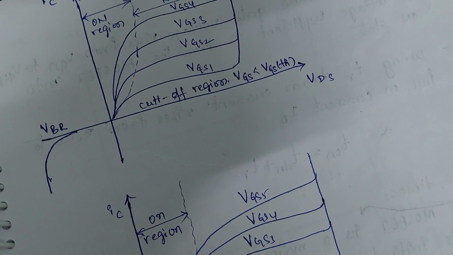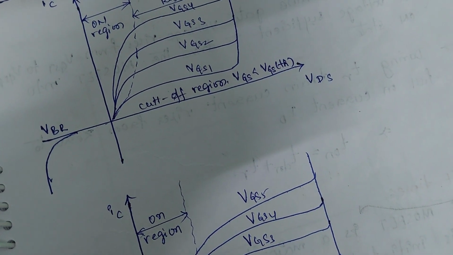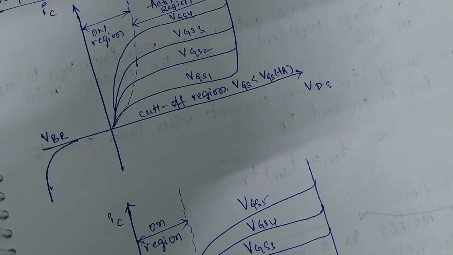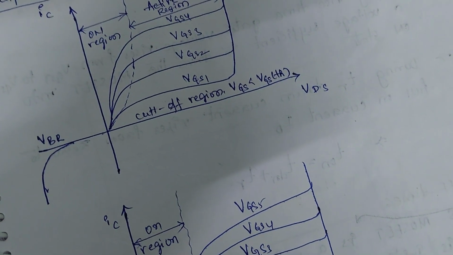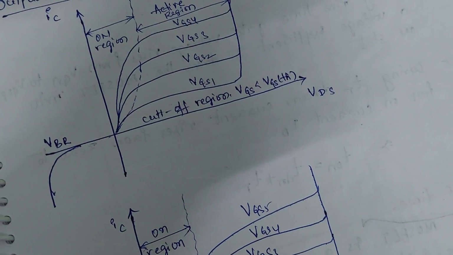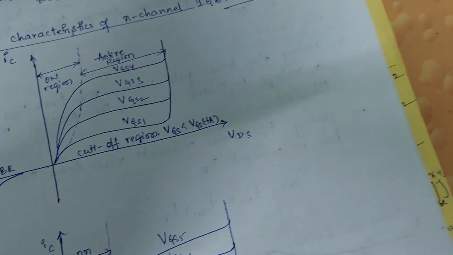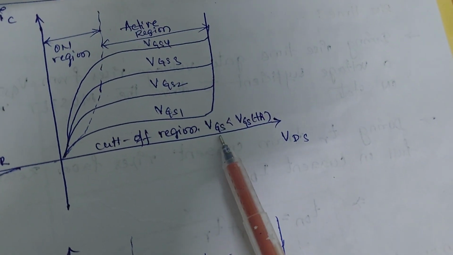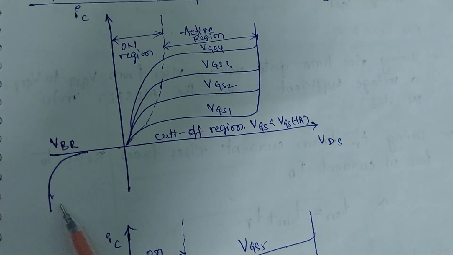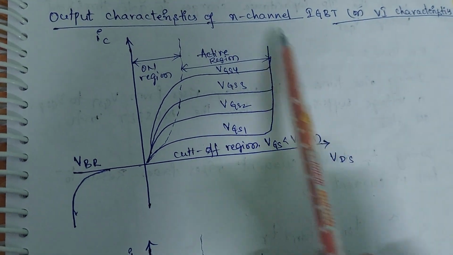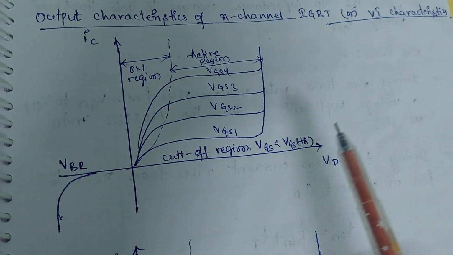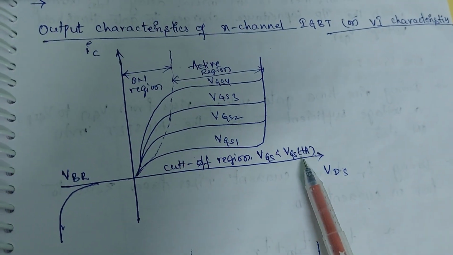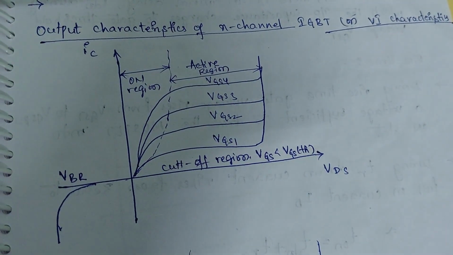Until the gate to source threshold voltage is reached, there is a forward breakdown. This is called the forward breakdown region, and this is called the reverse breakdown region. So this is the VI characteristics of an IGBT, which can be considered as the output characteristics of an IGBT.